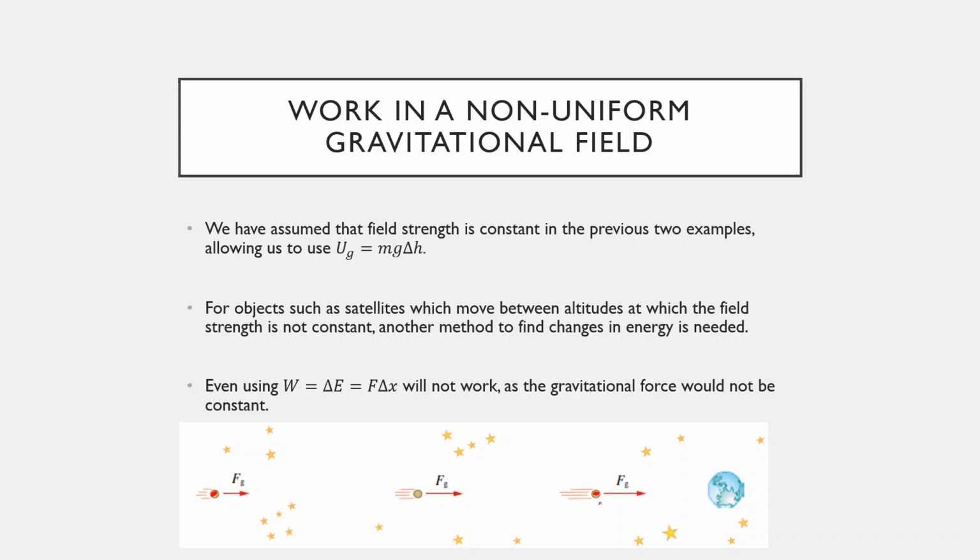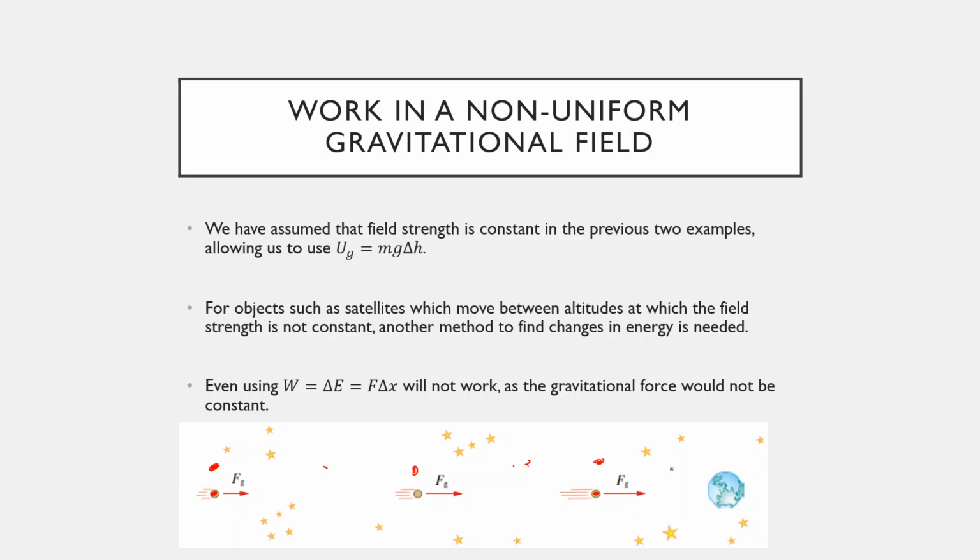All right, so if you're trying to work out what its change in energy is from this point to this point, you can't just use mgh, because the value of g itself is changing. All right, you need some other kind of method to work it out. You can't just use the formula, because the formula assumes that g is just one number and one number only. However, g is different here, it's different here, it's different at all these places.